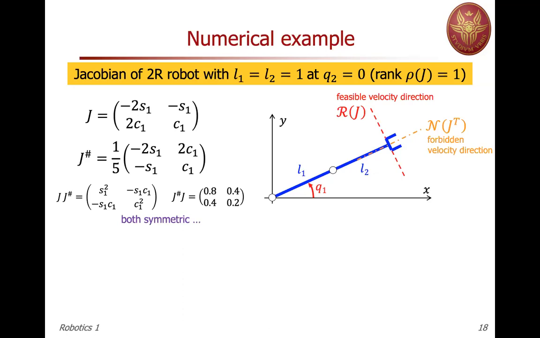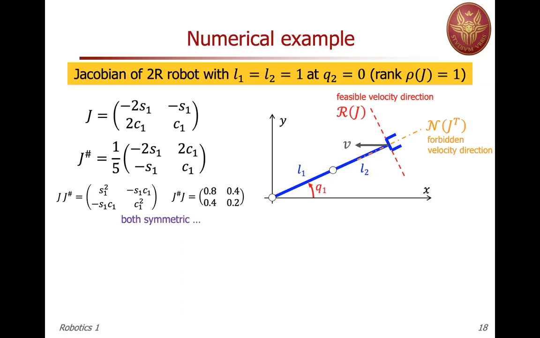Now, if I pre-multiply the first by J pseudo-inverse, or pre-multiply the second by J, or post-multiply the first by J, or post-multiply the second by J plus, you can check by yourself that I will recover J or J plus. So also the first two relations are satisfied. So this is the pseudo-inverse.